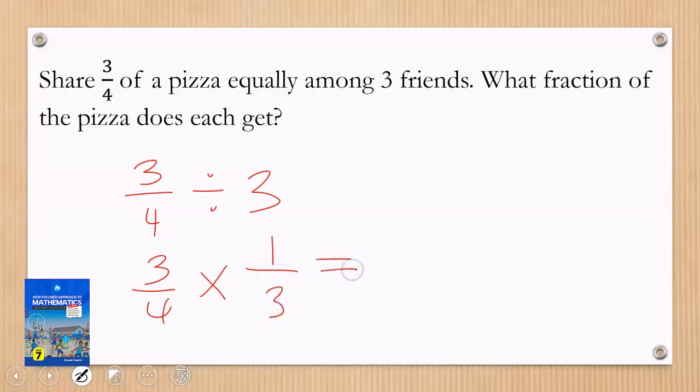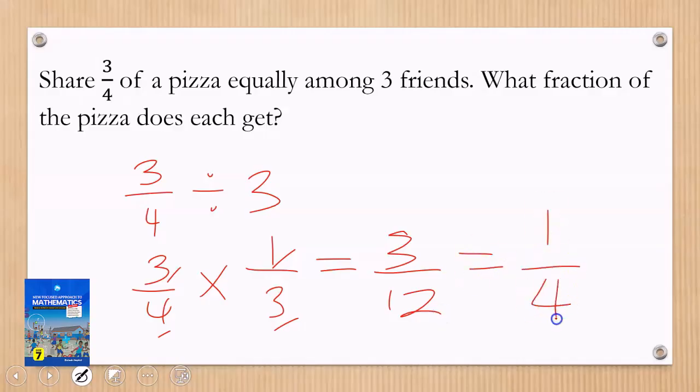And when you do that, we are going to have 3 times 1 is 3, and 4 times 3 is 12. And we can reduce this to the lowest form as 1/4. Alternatively, you could also divide and get 1/4 straight away. And so each of the friends will get 1/4 of the pizza. Good.